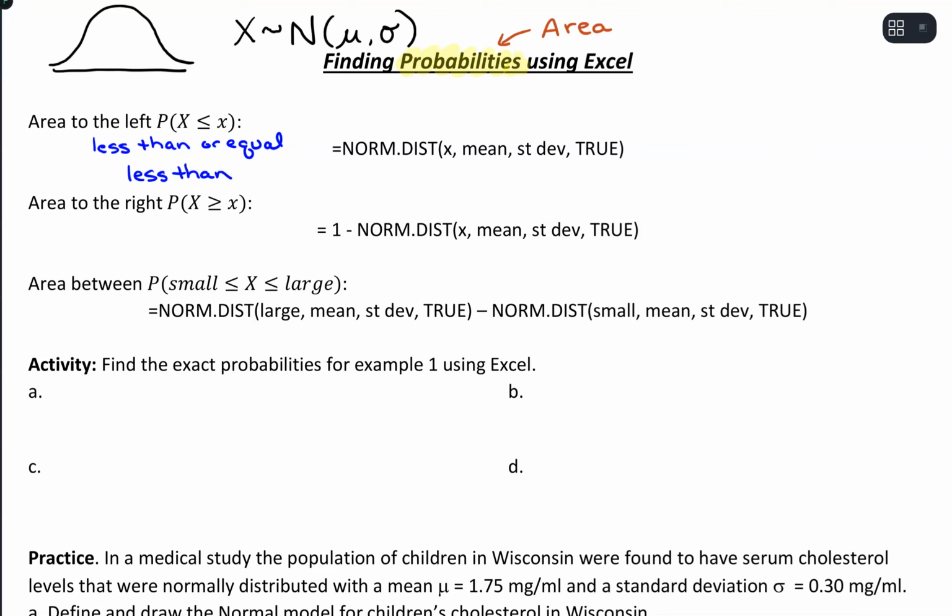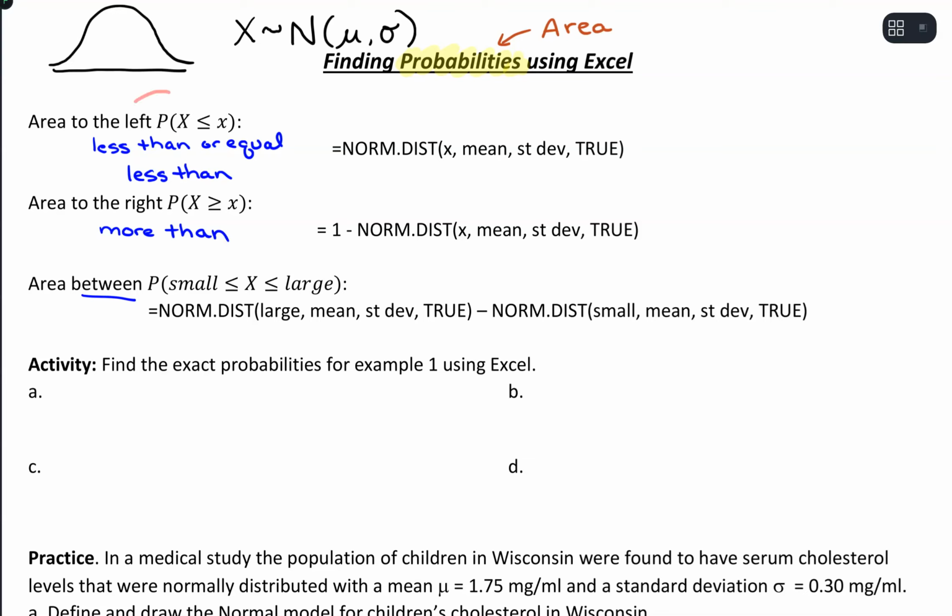So something that's different from our binomial model is that having equality versus not having equality, so it being less than or equal to versus just less than, there's no difference under the normal model. So if it just says less than or equal to or less than, we use the same calculation. Then there's the scenario for area to the right. So this would be if we're looking for more than or equal to or just more than. And then our third scenario is looking between two values. So we'll have a smaller value and a larger value.